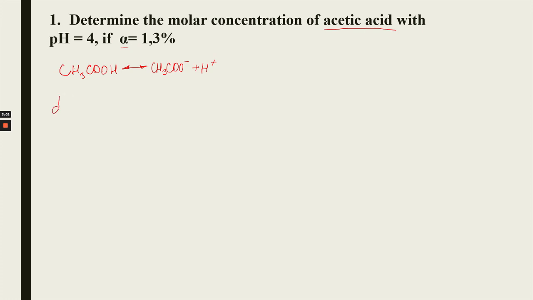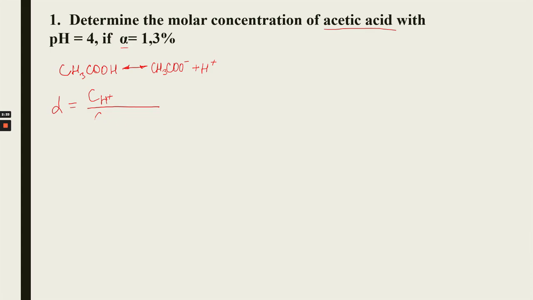So we can write also alpha using molar concentrations. This ratio I showed you on lecture number 2. So above we write the molar concentration of protons, or we can write molar concentration of acetate ion. It's the same. These two concentrations are the same.